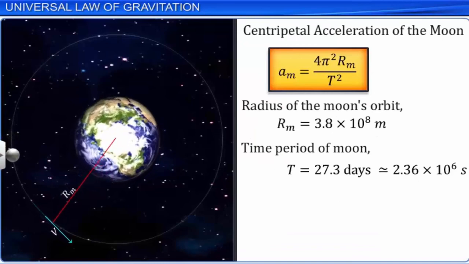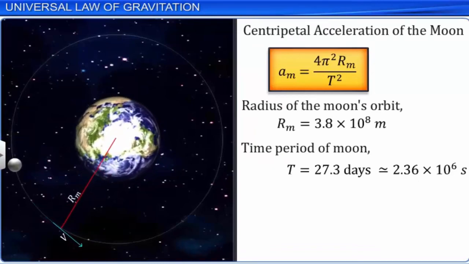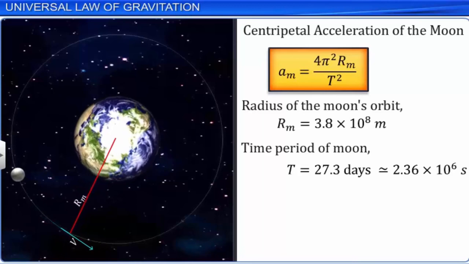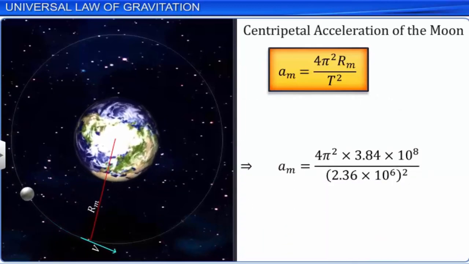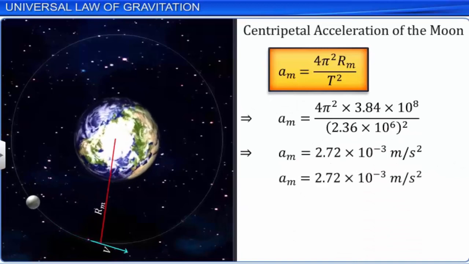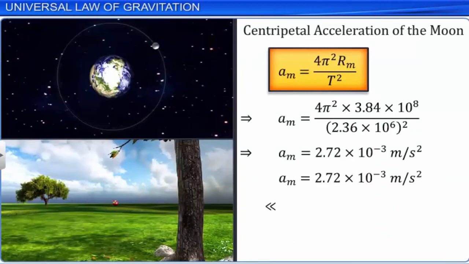Substituting the values of r_m and T in the expression and simplifying, the acceleration of the Moon obtained is much less than the acceleration of a freely falling body on the surface of the Earth.